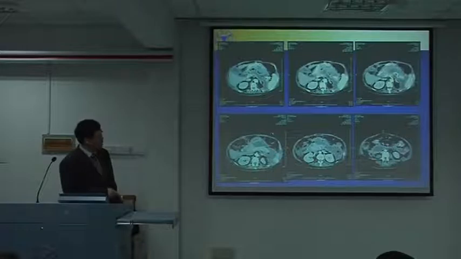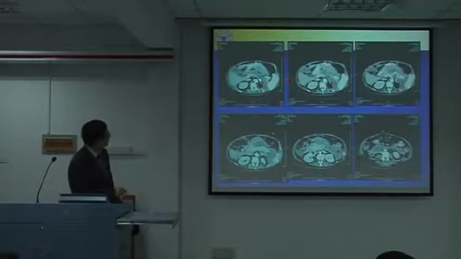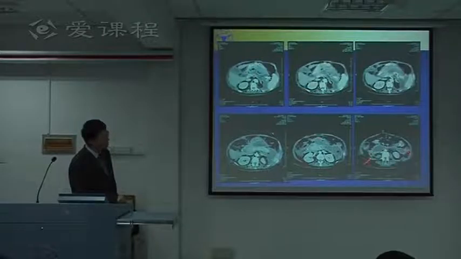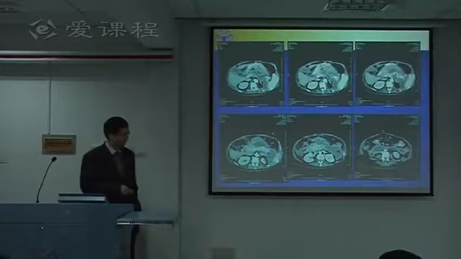And this is from one patient. This pancreas is squeezed, so the pancreas was necrotic, and this is the kidney, with a lot of collection.